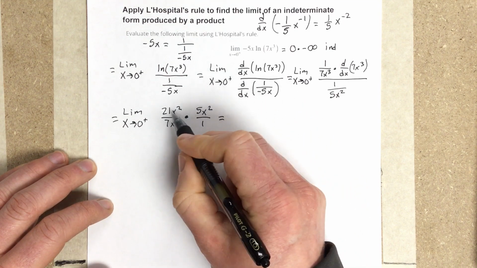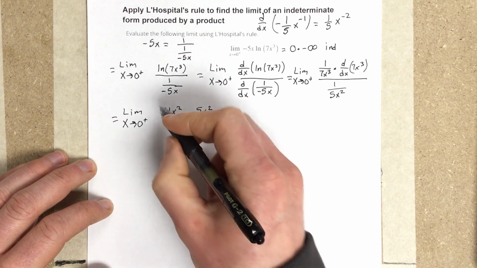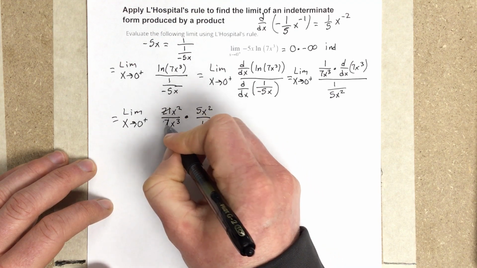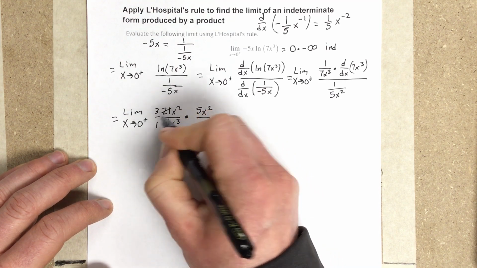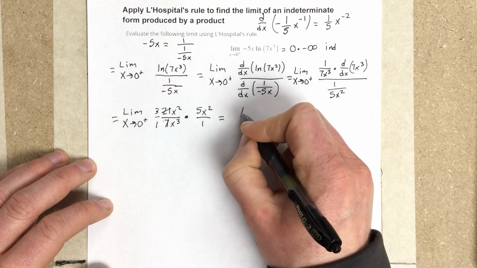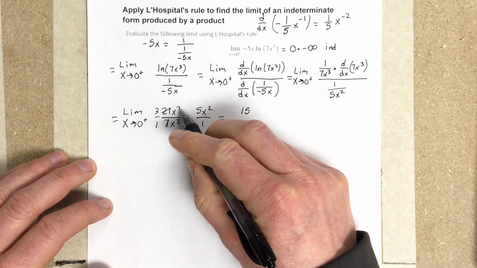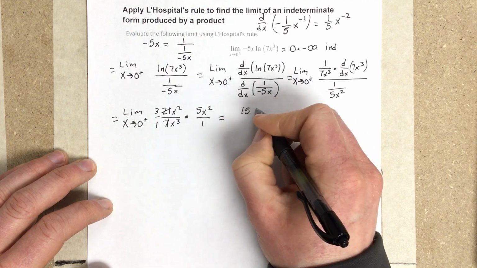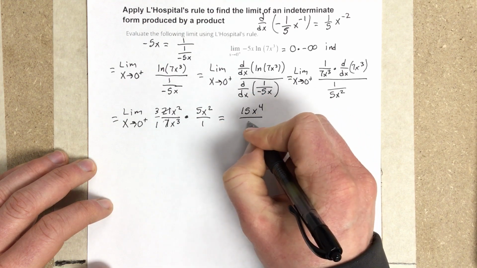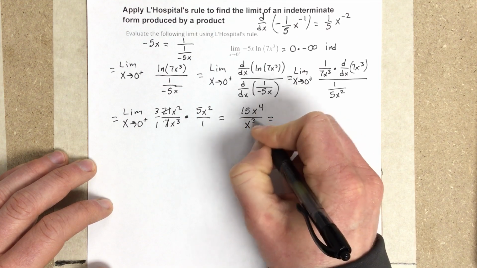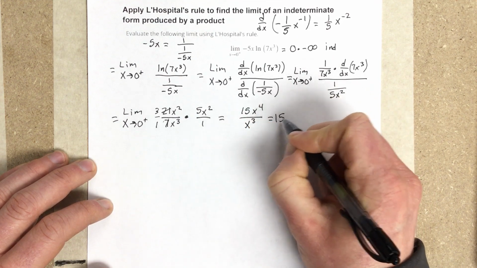When I start multiplying, I can cancel here: 21 over 7 leaves a 3. So I end up with 15 times x to the second times x to the second, which is x to the 4th, over x cubed. X to the 4th over x cubed is 15x.